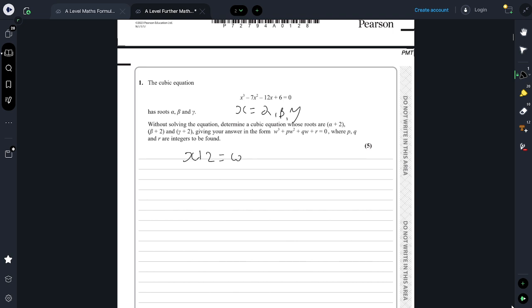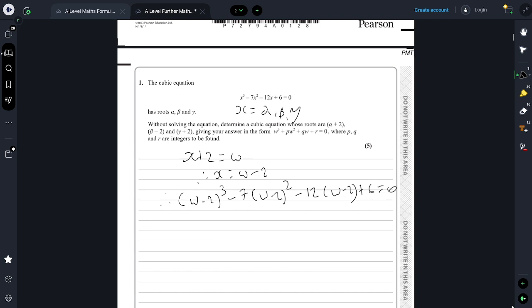So we substitute x as w minus 2, which gives the new roots. Therefore, in the cubic, we replace x with w minus 2: (w minus 2) cubed, minus 7 (w minus 2) squared, minus 12 (w minus 2), plus 6 equals 0.